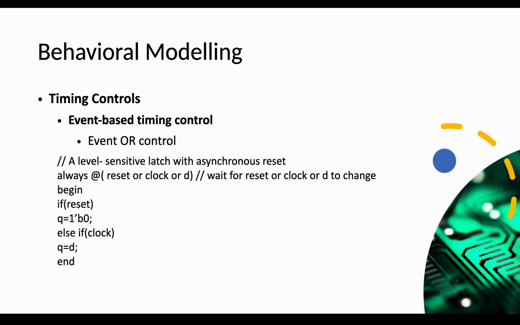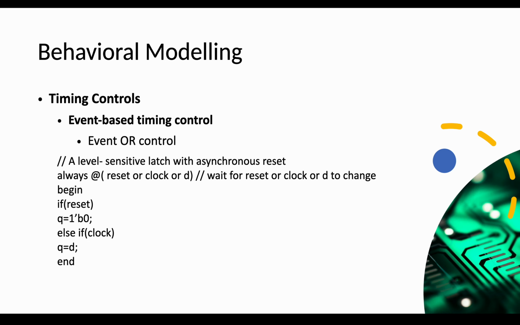Here is an example of a level sensitive latch with asynchronous reset: always @(reset or clock or D), which means that it will wait for reset or clock or D to change. If one of the signals is changing, then that always block will execute.